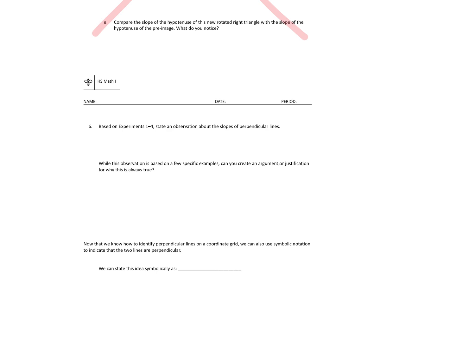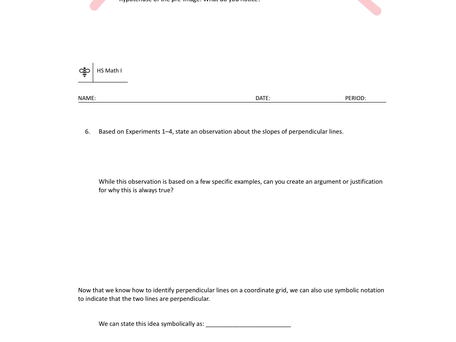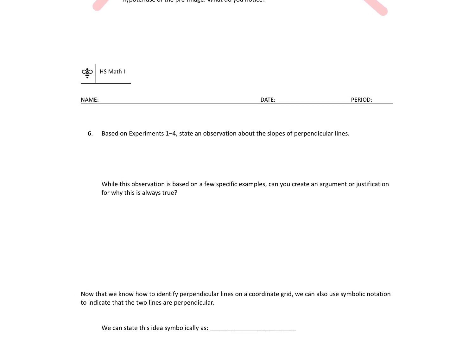Okay, so our first conclusion, task 6 on page 20, says, based on experiments 1 through 4, state an observation about the slopes of perpendicular lines. Okay, so this is kind of what we're noticing.